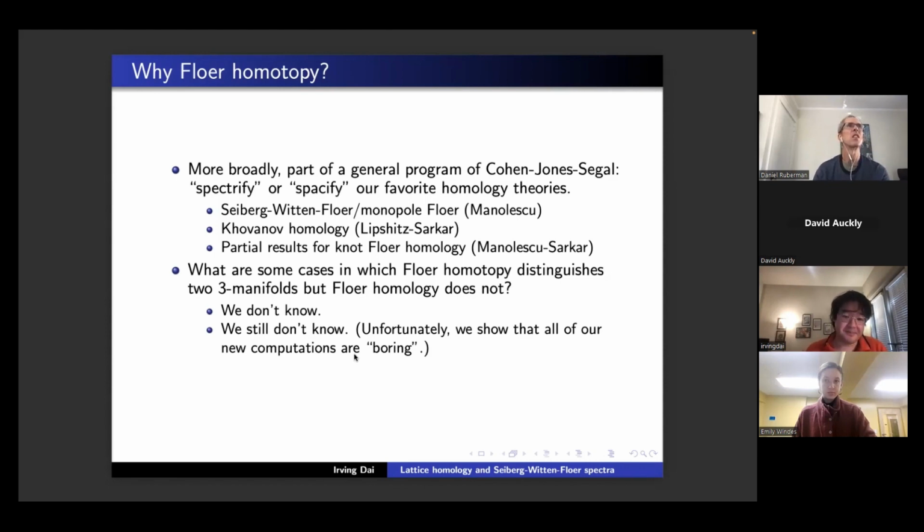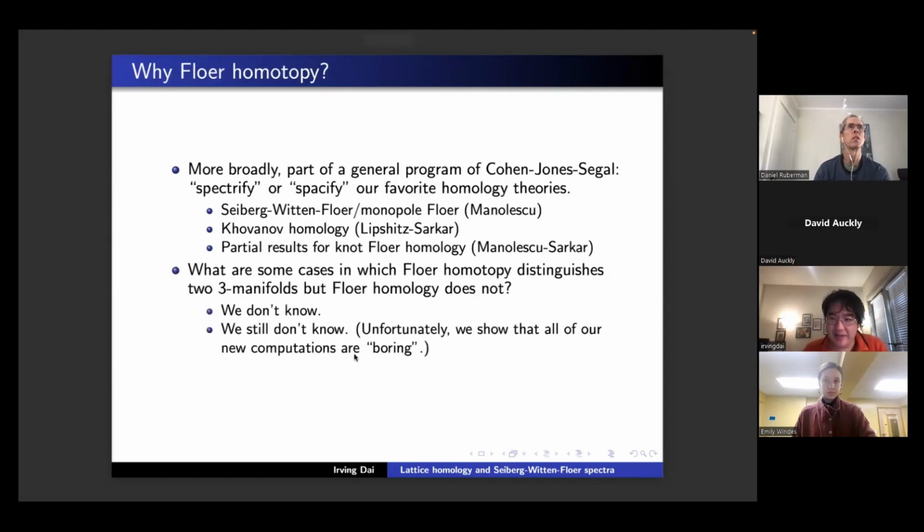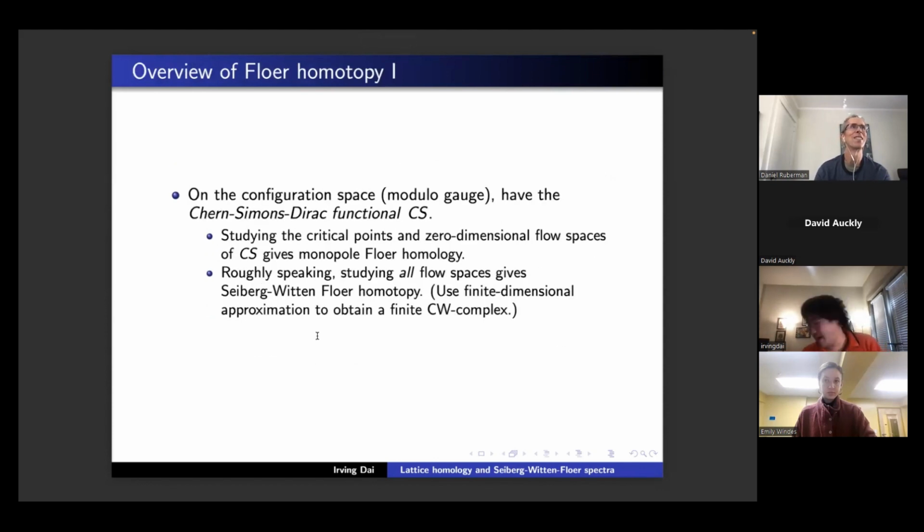So we can't provide any example of this question. It is not obvious for these 3-manifolds that the Floer homotopy type should contain no more information than the Floer homology. So in some sense, the Floer homotopy type is not interesting, but it's a theorem that it's not interesting. Okay, so that's what I want to talk about.